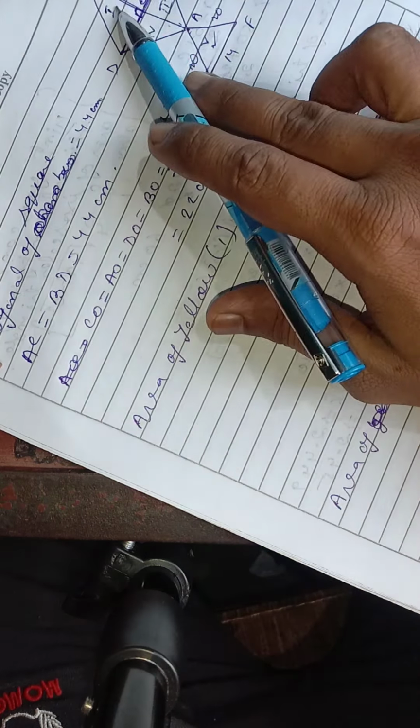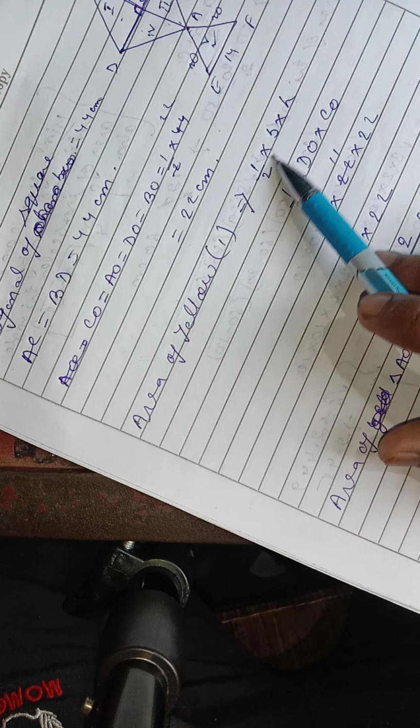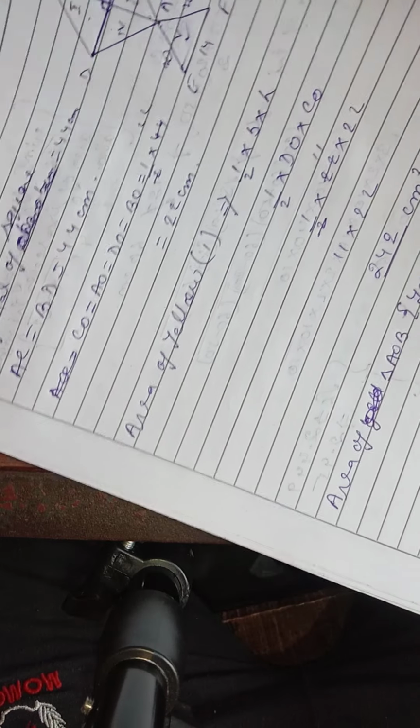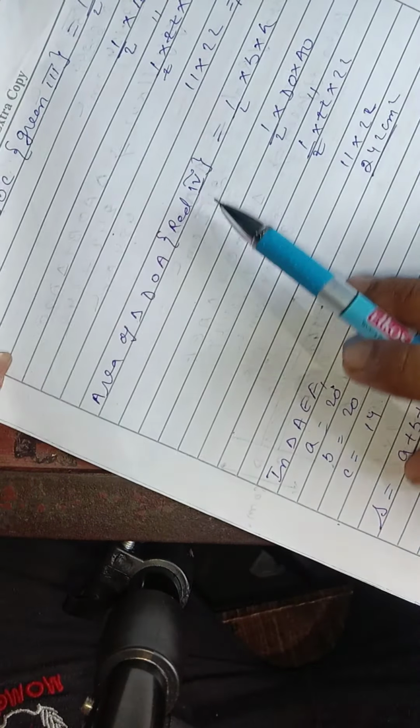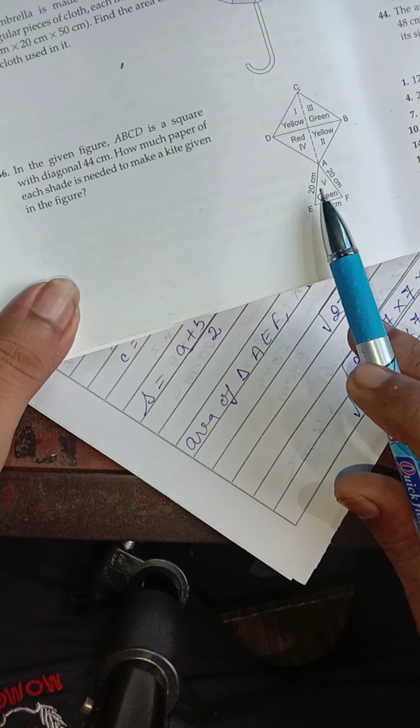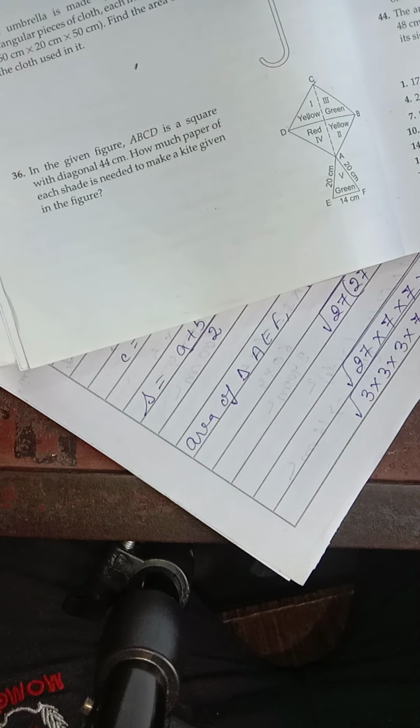So for each one, 1, 2, 3, 4, we can find half into base into height, with base 22 and height also 22. Then green, and the fourth one is also given. But for the last one, look here, this triangle is 20, 20 and 14.